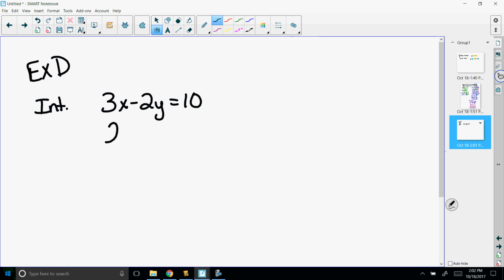And 2x plus 6y equals 14. So I want to find it between the intersection of those, and it has a slope of negative 2/3. Write your answer in the form of ax plus by equals c. Okay, without looking at the rest of the example in the book, it says the intersection of these two lines.